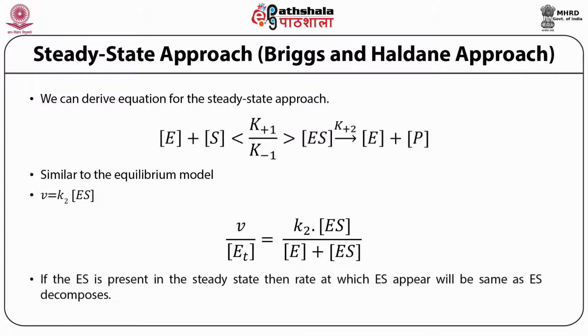So if the ES complex is present in the steady state, then the rate at which ES appears will be the same as the rate at which ES decomposes, because this leads to the steady state.